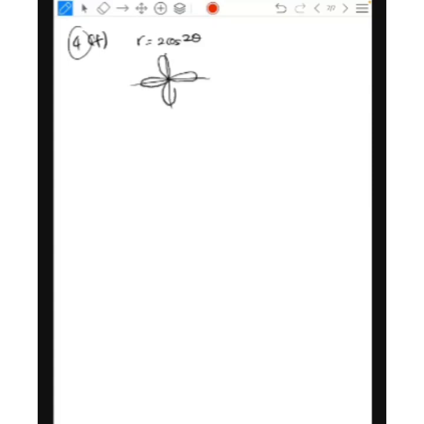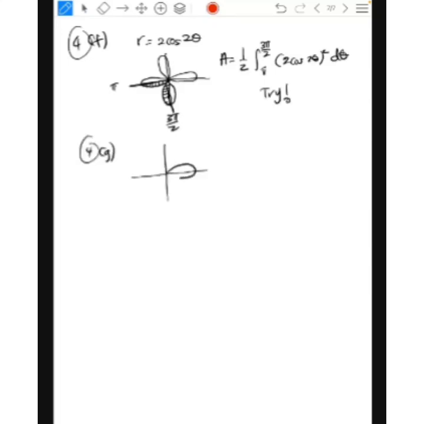If it's third quadrant, it is actually this part. So pi until 3 pi over 2. So only this part is what we want. Okay, so A equals to 1 over 2 from pi until 3 pi over 2 of cos 2 theta squared d theta.